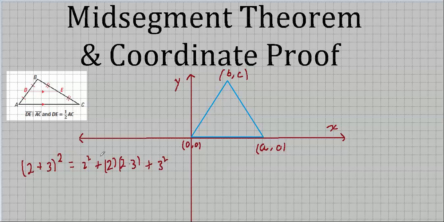Now I can work that out. And it'll, I believe, turn out to be true. Certainly hope so. Let's see, this would be 5. This would be 25, right? What's this going to be? 4. And 6 times 2 is 12. And this is 9. And 9 and 4 is 13. And 12 is 25. So it's true.